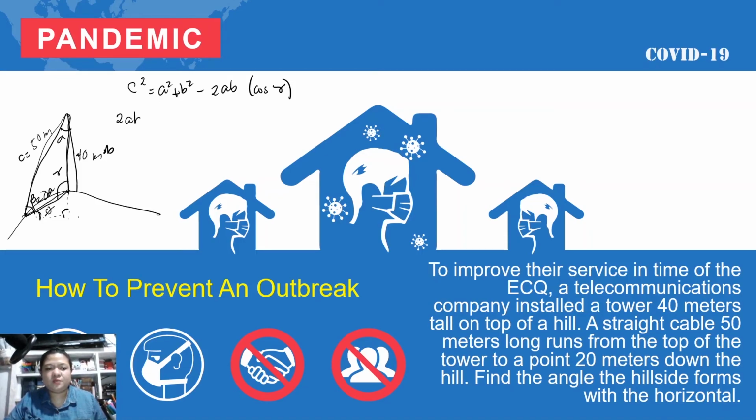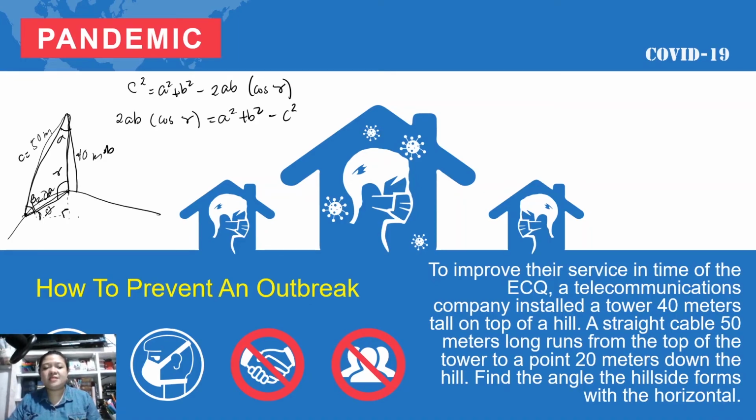So, magiging positive 2AB times cosine gamma equals A squared plus B squared. So, para ma-eliminate natin si C squared, i-add naman natin ang additive inverse niya. So, negative. Ang shortcut na ginagawa natin dito yung pagta-transpose. So, si negative 2AB cosine gamma, pag tinranspose natin, magiging positive 2AB cosine gamma. Si C squared, pag transpose natin, magiging negative C squared. Yun yung shortcut.